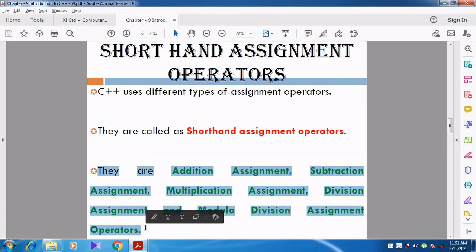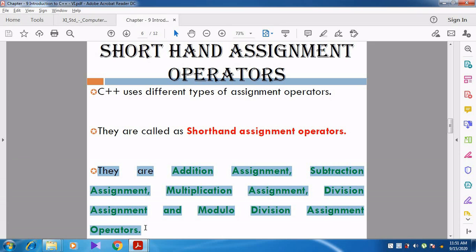They are the addition assignment operator, subtraction assignment operator, multiplication assignment operator, division assignment operator, and modulo division assignment operator.